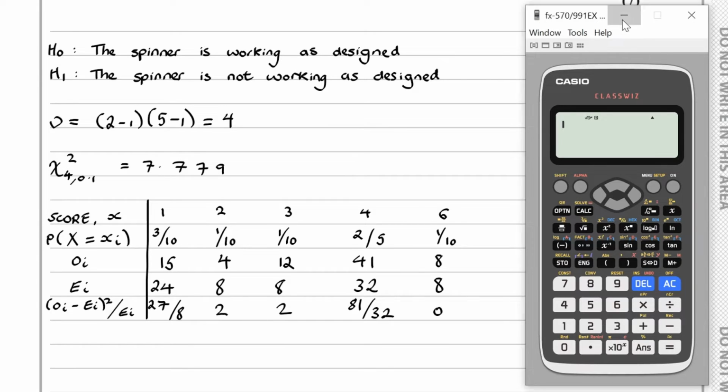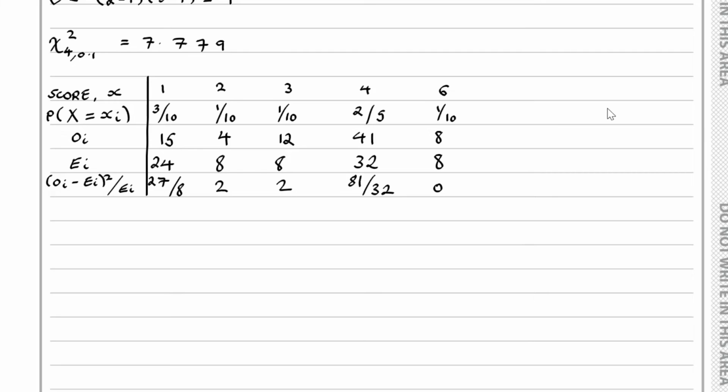Okay, so to find out our test statistic, that's equal to the sum of the observed minus the expected all squared over the expected. So we have 27 over 8 plus 2 plus 2 plus 81 over 32 plus 0.